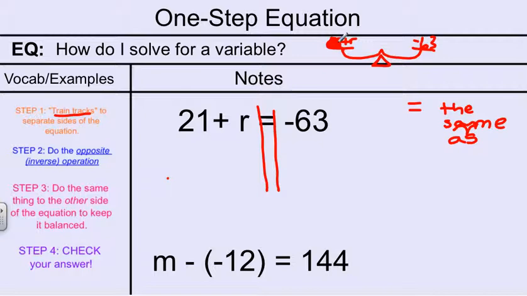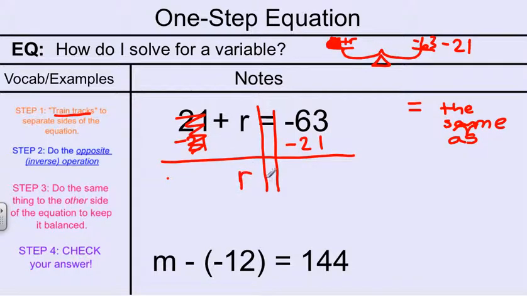So down here, I take away 21. But now this whole scale is not going to match unless I take away 21 from this side as well. I imagine in my mind this is what's going on in my scale. The 21s cancel out because I took them out. I have this r left over, which is just what I wanted.